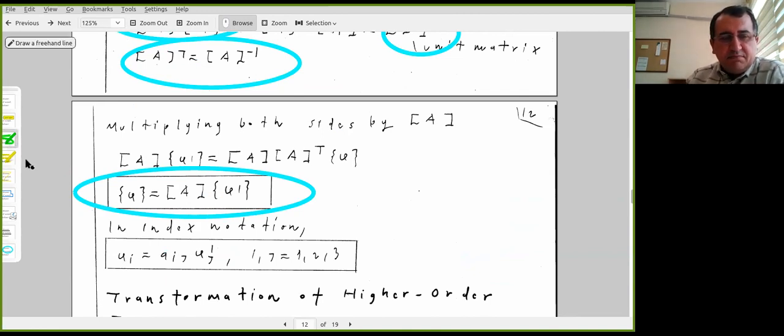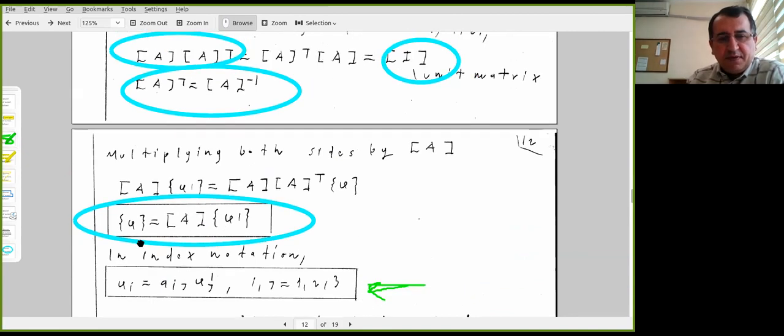The same set of equations can be written in index notation as well. That is, V in terms of V prime in index notation, we have a similar presentation, but the order of subscripts is interchanged, because this is A and the previous one was A transpose. Vi is Aij Vj prime.